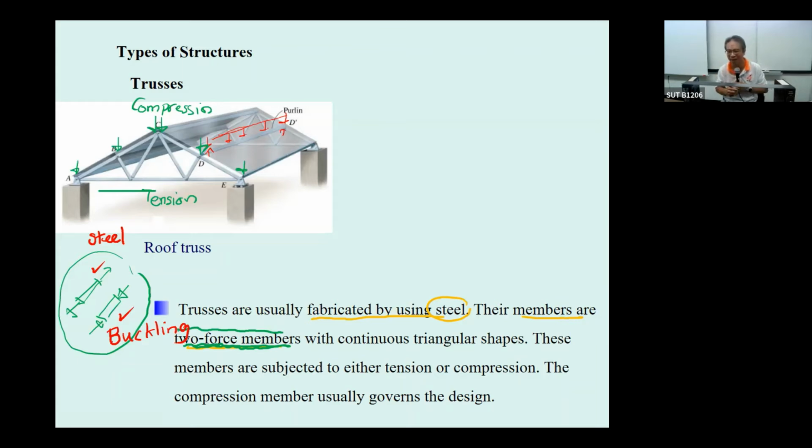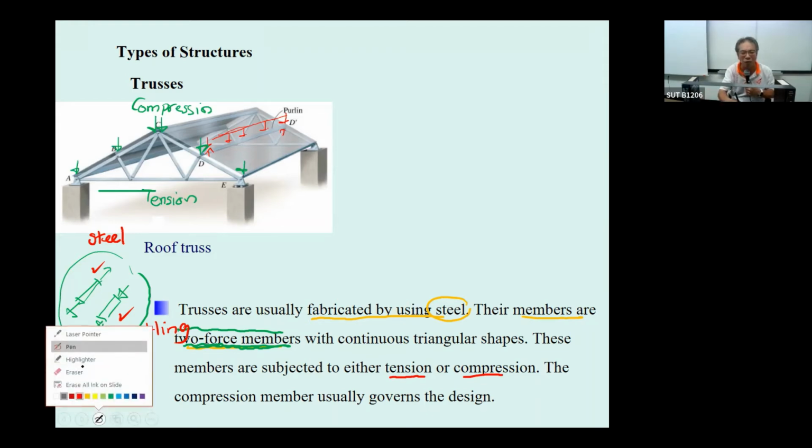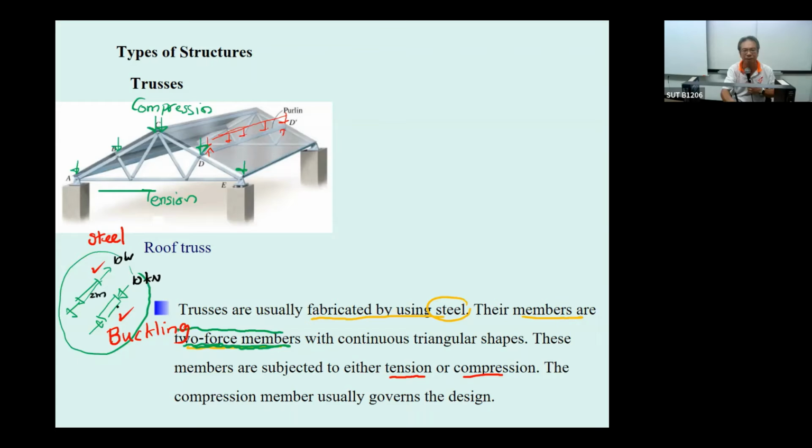Tension has no buckling. This member may be subjected to tension or compression, and I say again, they are different in the design. Most of the time, if the loads applied to these members are equal and the members also have equal length, most of the compression members will be equal.